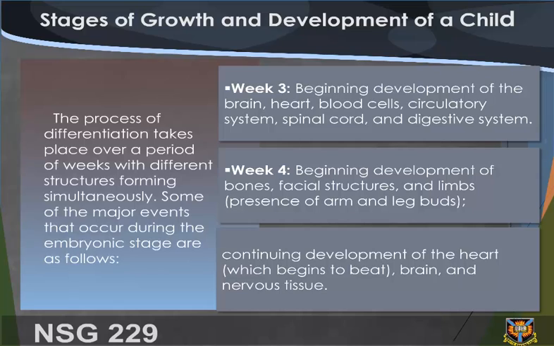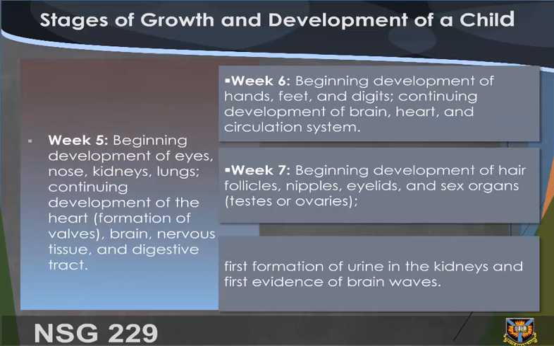Continuing development of the heart, which begins to beat, brain and nervous tissue. Week 5. Beginning development of eyes, nose, kidneys, lungs. Continuing development of the heart, formation of valves, brain, nervous tissue, and digestive tract.